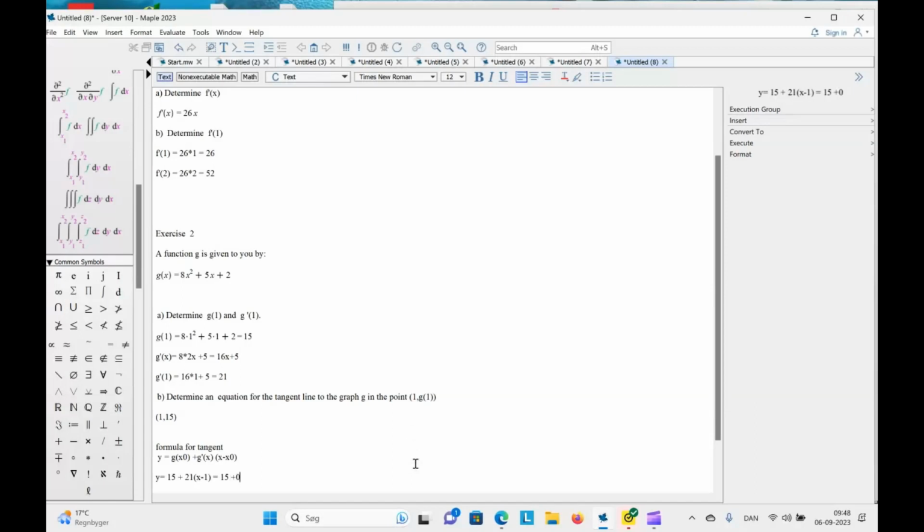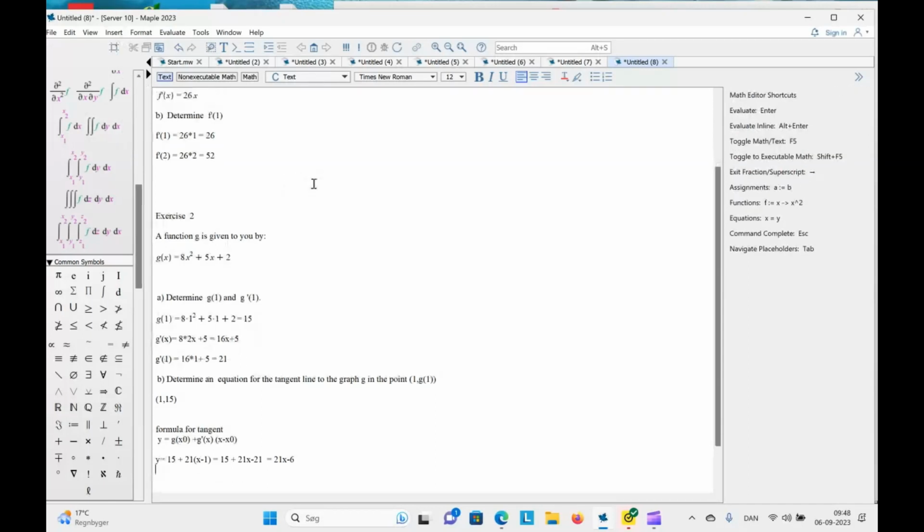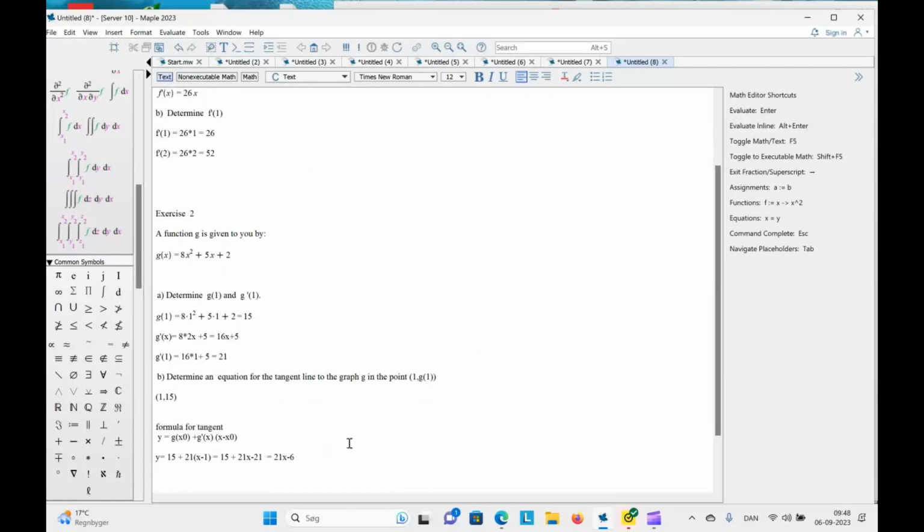Then 15, 21x minus 21 is 21x minus 6, which should be the tangent line at that point. And this is how you find the tangent line.